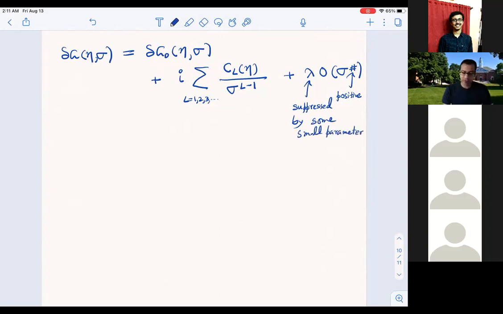So for example, for CFTs that are dual to effective field theories, this lambda can be any coupling constant of the interaction. When I say they are suppressed, all I mean is that these small corrections always come from the interacting part. And obviously, this part will not contribute to anything that I'm going to say next.